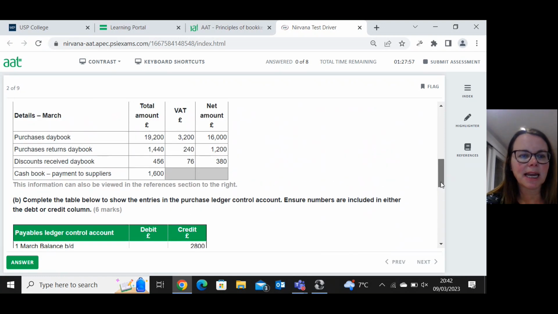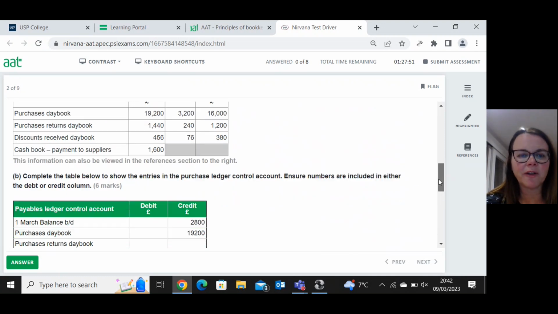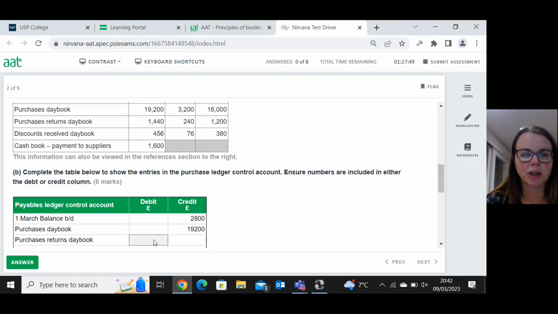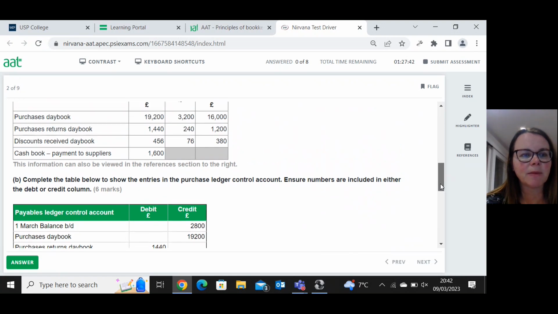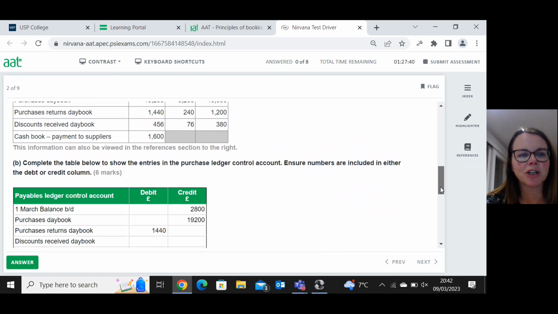Purchase returns daybook. So that will reduce the liability because we've returned stuff, so therefore we don't owe as much. So 1440. And then we have discounts received, so that will be treated exactly the same as purchase returns because they both arise through credit notes.